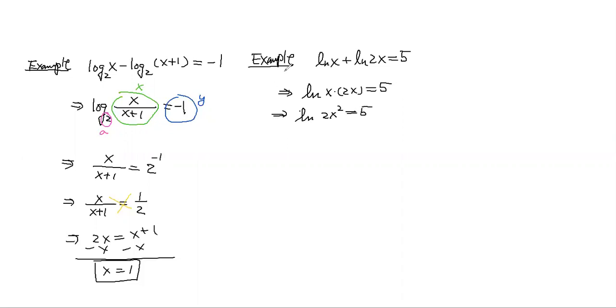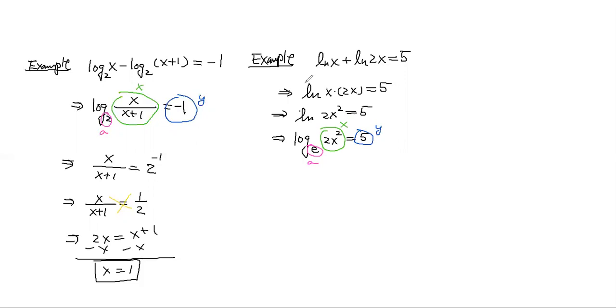Then you say, how do I do this one here? So you remember e and the natural log. The natural log is really a log with base e, right? So this one you can rewrite like this. Then you will say, oh, now I see this is my base, this is a, this is my x, and this is my y here, right?